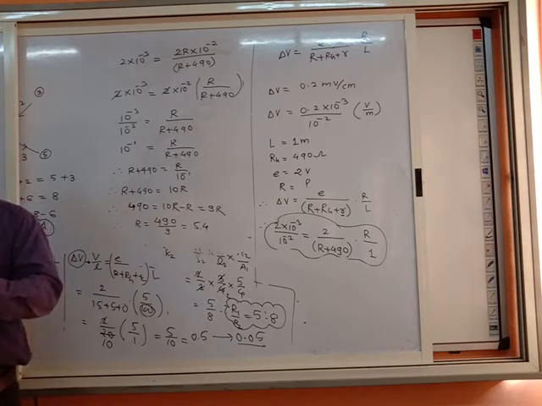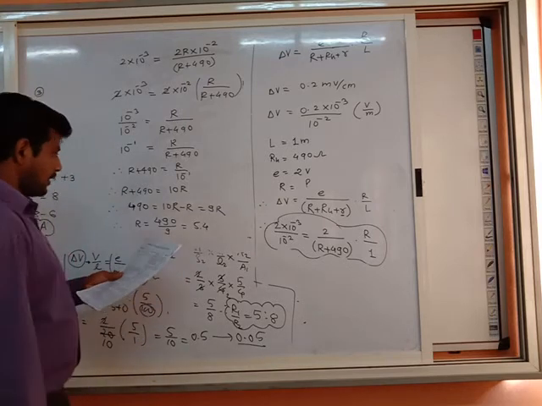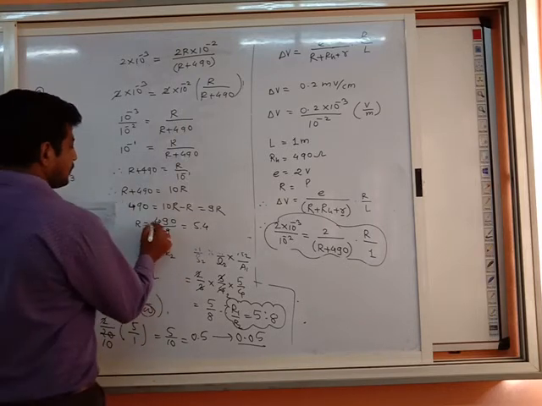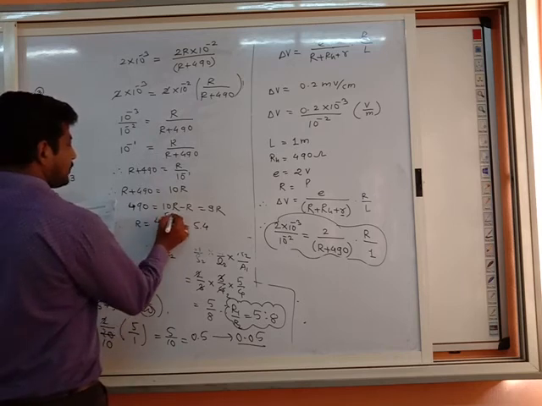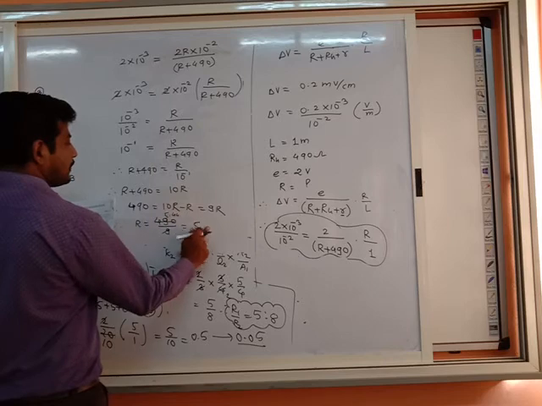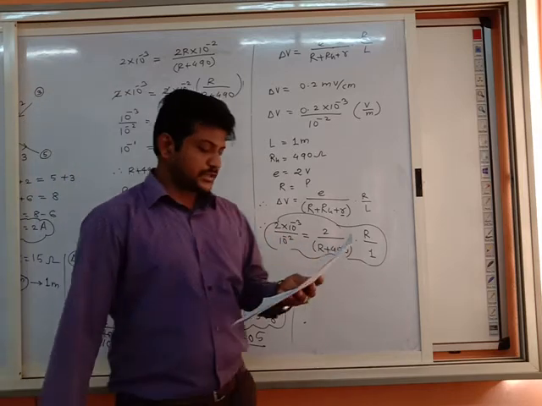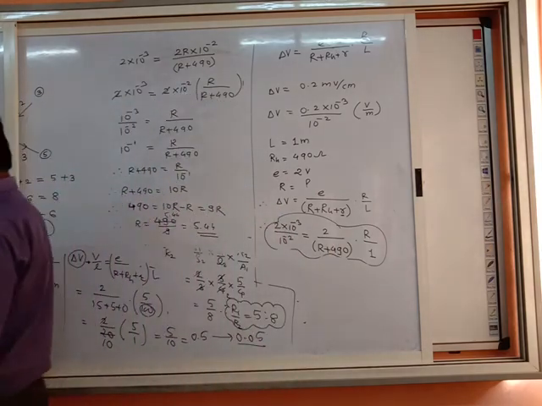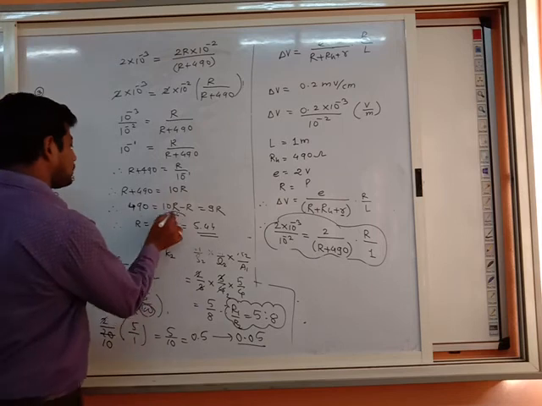So let us see which option is closest to this figure. 7.9, 6.9 and 5.9. So the nearest figure is option C, 5.9 ohm. So this is the correct option.